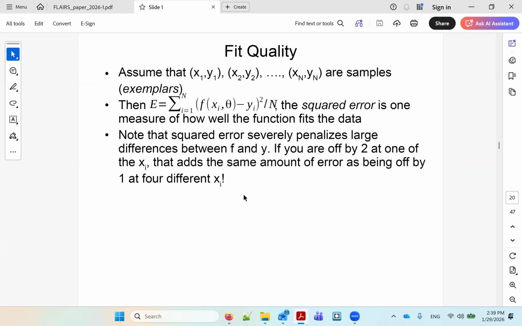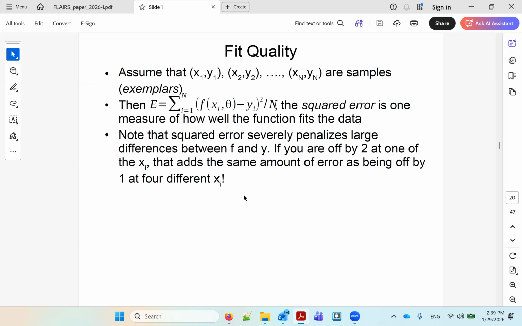If we're just a little bit high and low and so forth, all is well. But if you're almost dead on with all these points, but there's one point over here where you're way off, it really hates that. It'll give you a bad score. Why? Because the square is going to make this error dominate the rest of the sum.